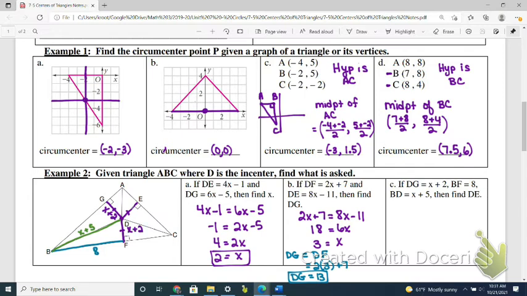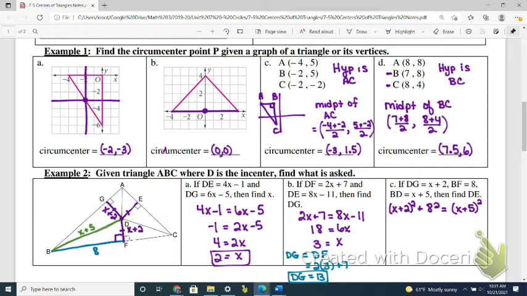So we have a right triangle here that we are going to solve. Here's your right angle. The blue, green, and purple is my right triangle. So I'm going to do the Pythagorean theorem. I'm going to say (x plus 2) squared plus 8 squared equals (x plus 5) squared.